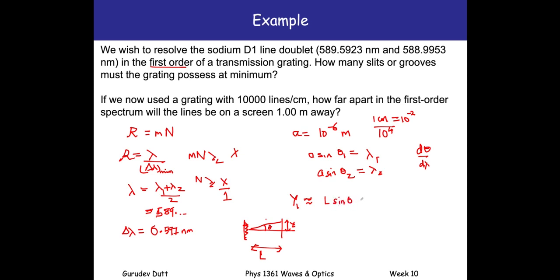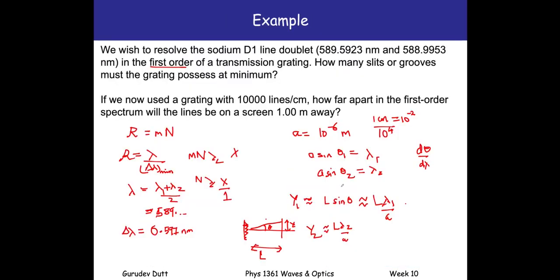Therefore, this is approximately L times lambda 1 divided by a. So that's the position of the first line. Similarly, the second line, y2, is approximately L times lambda 2 over a. And therefore, we can just calculate y1 minus y2, put those into the formula, and you get the solution for y1 and y2. So I'll let you fill in the numbers for this expression, and you can find out how far apart they are.